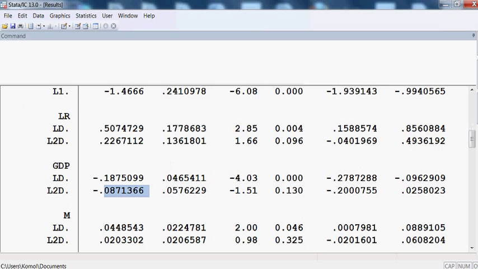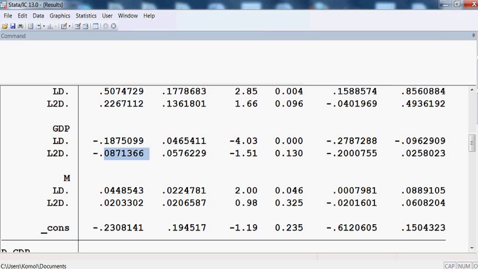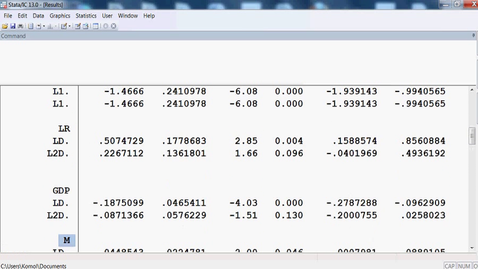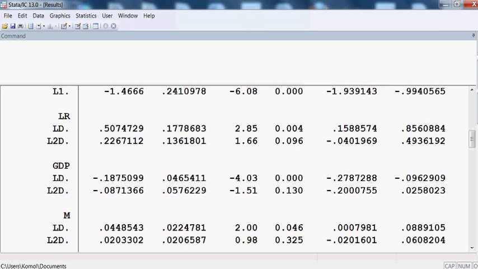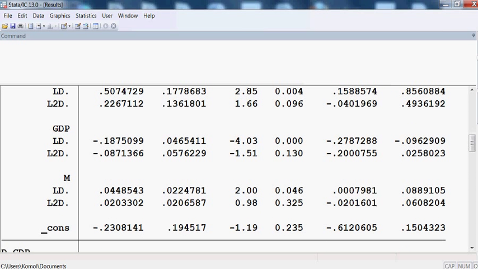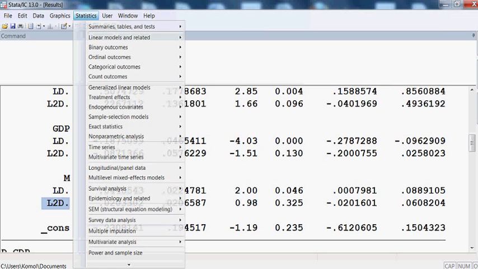Okay, then I talk about this one, whether money supply, that is M, can cause LR or not in the short run, right? Okay, as before, I check whether LD and L2D are 0 or not. So I proceed as before.